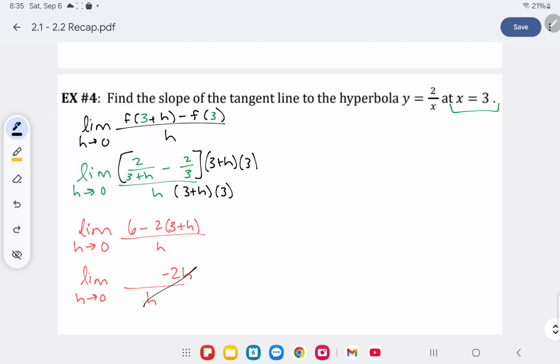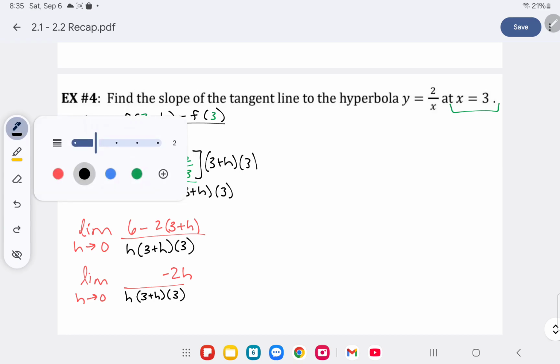The h's cancel. Hold on. Man, I made it all this way and now I'm doing something wrong because my denominator was not just h. It was h times 3 plus h times 3 because when we multiply the numerator by something, I cannot forget to do it to the denominator as well. Here we go.